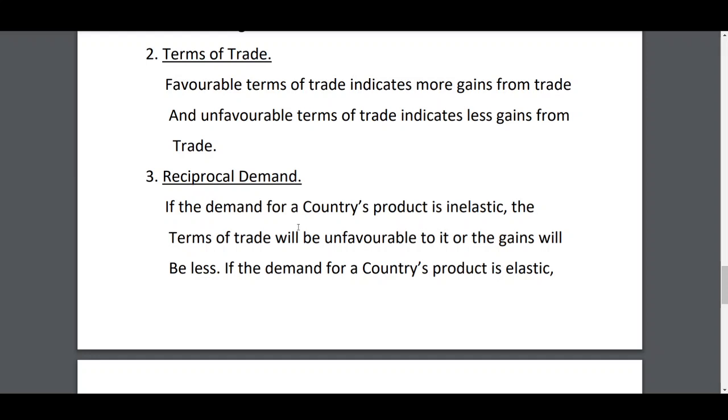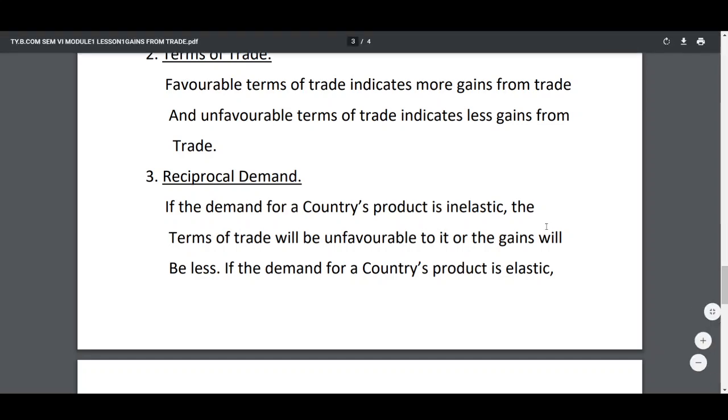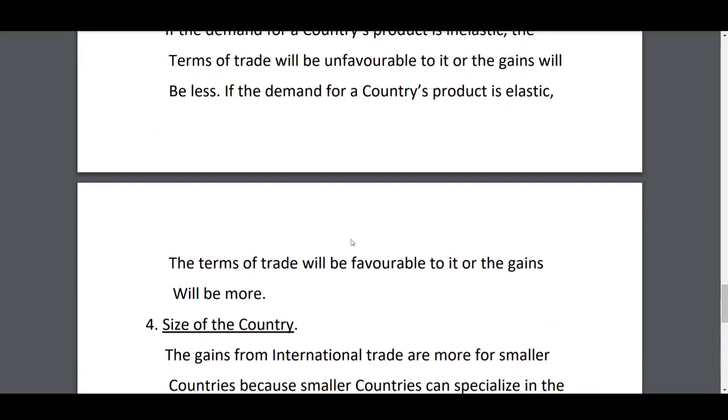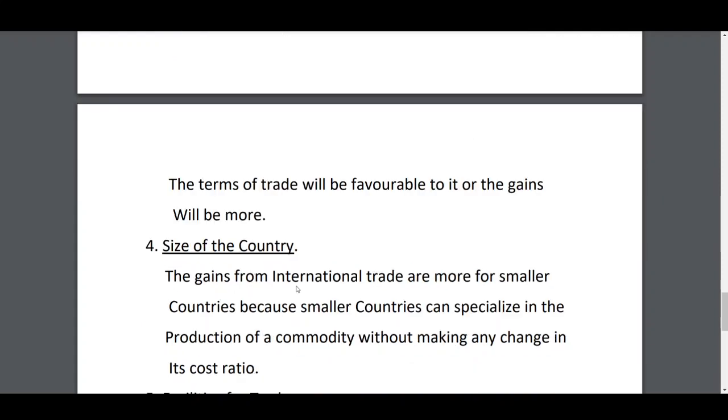If the demand for a country's product is inelastic, the terms of trade will be unfavorable to that country, or the gains will be less. If the demand is elastic, the terms of trade will be favorable to that country, or the gains will be more.